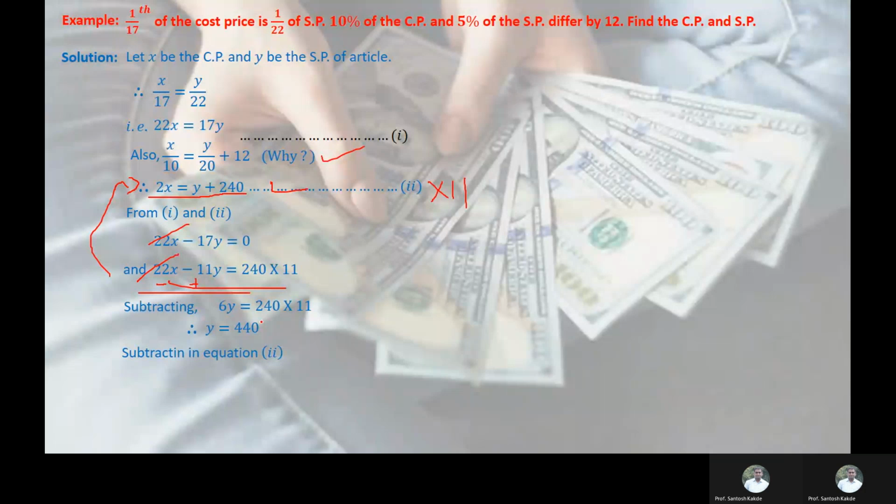In this example, we substituted the value of y in equation 2, and we get the answer x is nothing but 340. So let 340 be the cost price and 440 be the selling price of the article. So these are the several types of examples based on profit and loss.